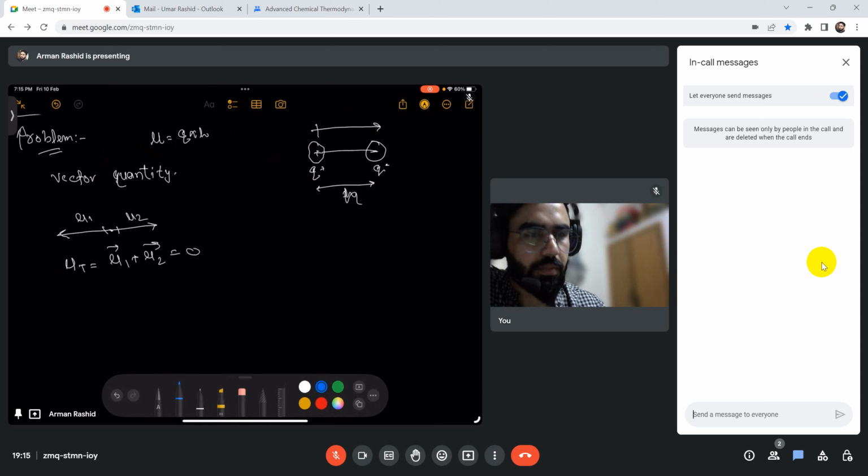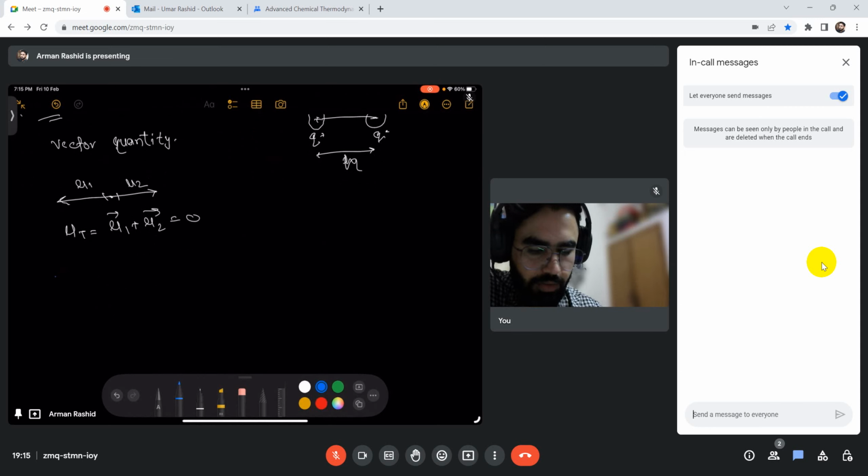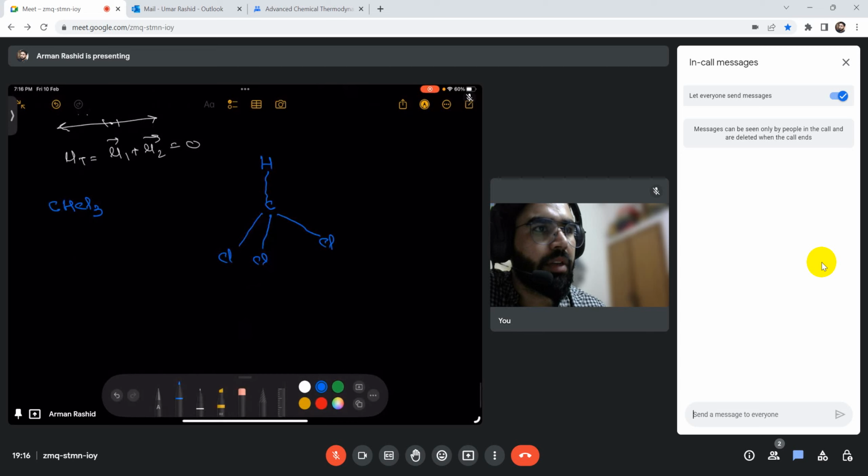So the first molecule that we have been given is CHCl3. All of you know that the structure is tetrahedral. So this is Cl, this is Cl, this is Cl, and this is H. The second molecule we have been given is NH3. So this is N, this is H, and we have a lone pair of 2 electrons.